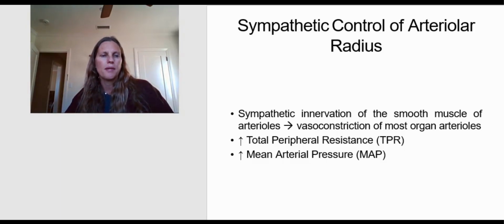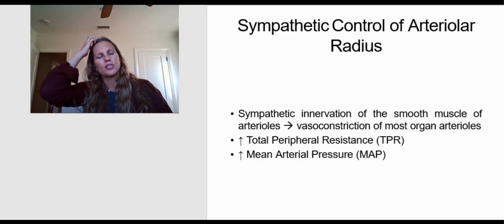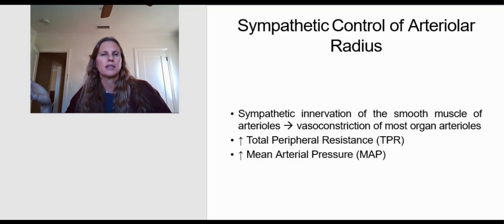Okay. Let's talk about the parasympathetic nervous system for a second. The postganglionics are going to release acetylcholine. And the effects of acetylcholine in the vasculature are really limited to the digestive tract, the external genitalia, and the salivary glands.